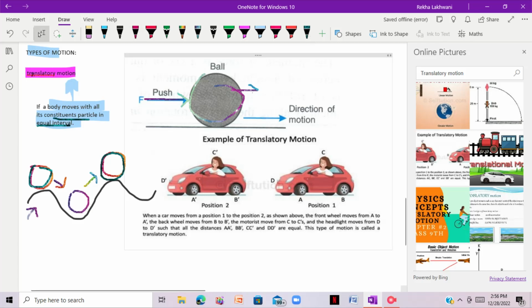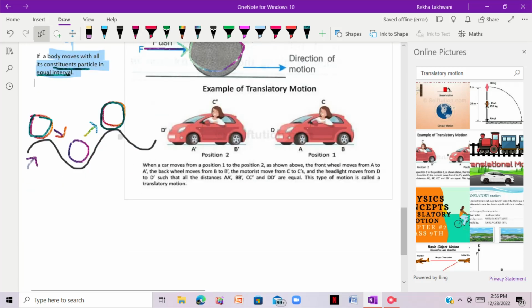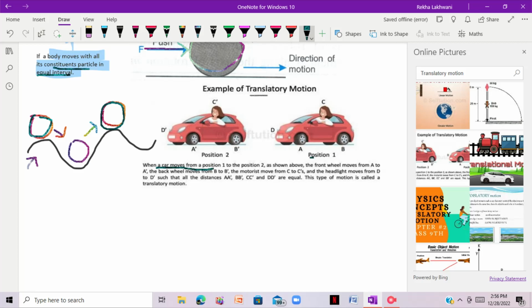When a car moves from position 1 to position 2, as shown above in this diagram, the front wheel moves from A to A dash, right? The back wheel, this one, B, moves from B to B dash. The motorist, this person, moves from C to C dash.